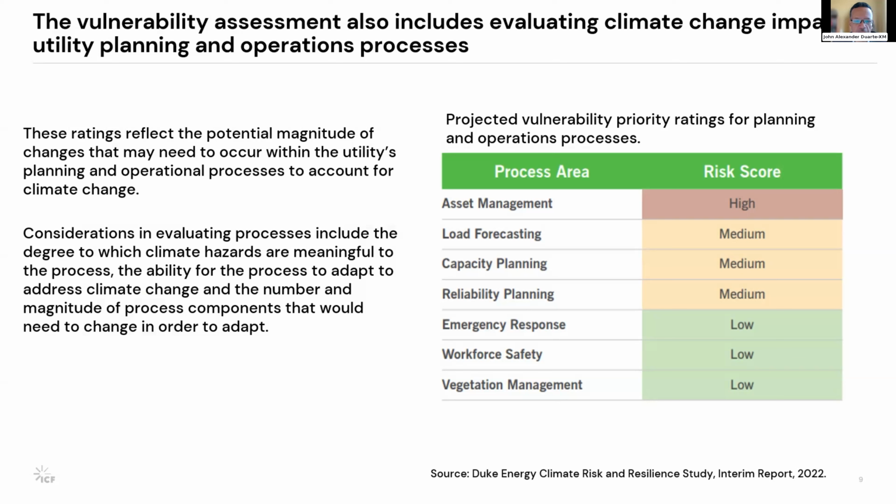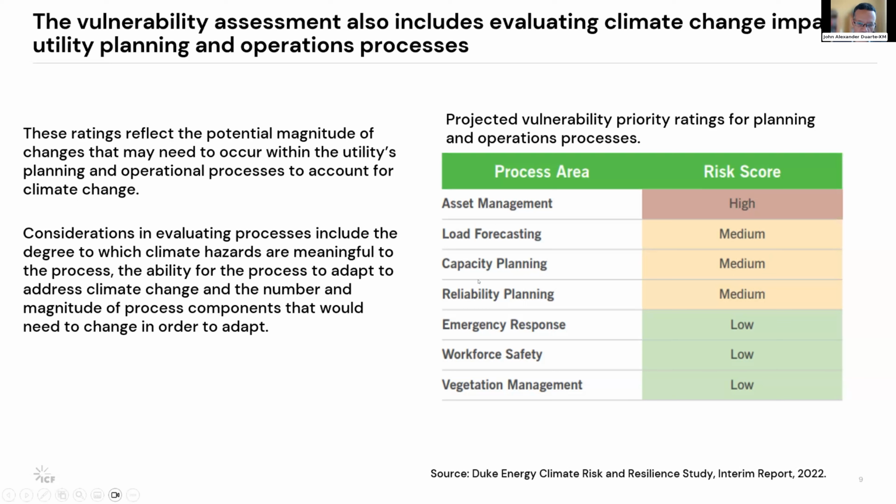I want to be clear that vulnerability assessment does not just include assets, things, but it includes processes. And so when we do these types of studies, we consider a number of processes that are typically common to utilities, and we'll also consider processes that are specific to the client. But just an example here, load forecasting, the forecasting of load, that's impacted by heat, can be impacted by extreme cold as well, going to be impacted by electrification.